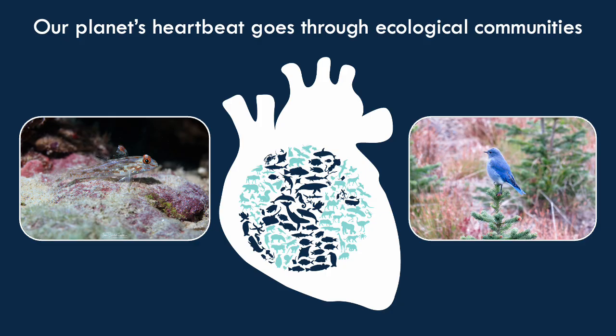So I would really argue that our planet's heartbeat, if you want to call it that, really goes through ecological communities. They're sort of the nexus, in my opinion, of how elements move through animals and to us. And as such, they are hugely important.